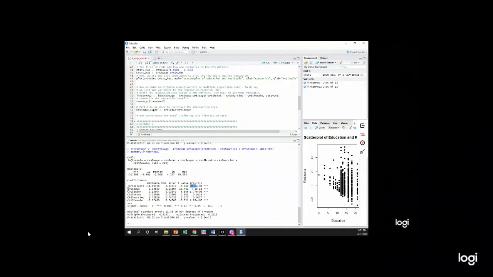The coefficient on education, this would be beta 1 because education was the first variable in the model, is 2.095, standard error of 0.13, t-statistic of 15.4, which is really large, so we have a very small p-value again. So we can go down and look at all of our coefficient estimates here, and their standard errors, their t-statistics, and their p-values.